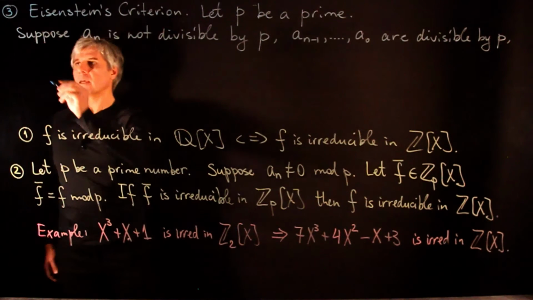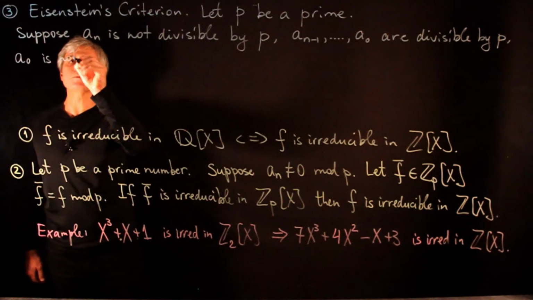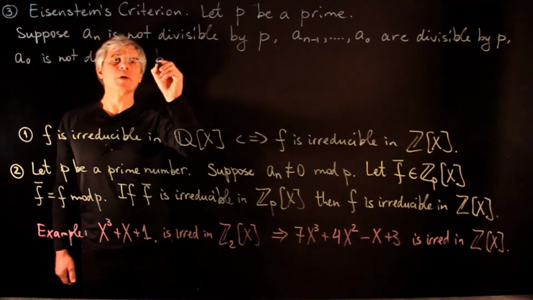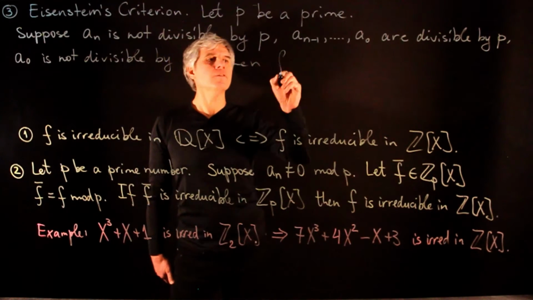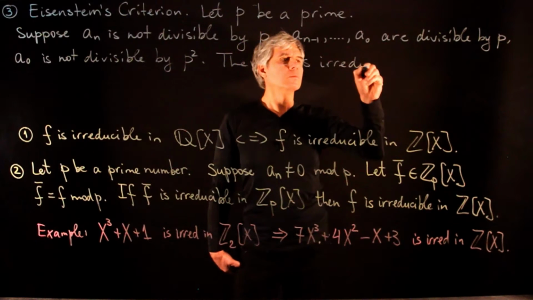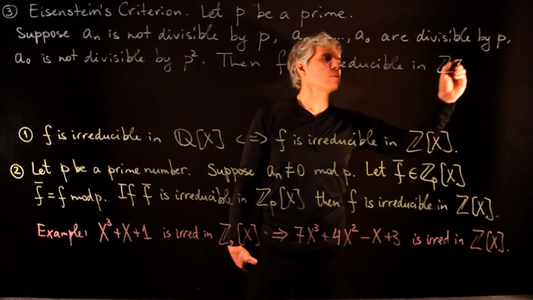But the constant term a_0 is not divisible by p squared. Then f is irreducible in Z[x].